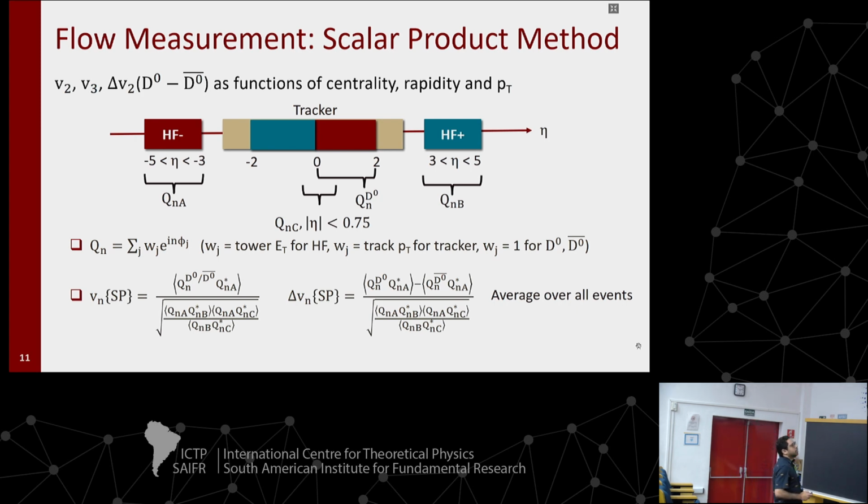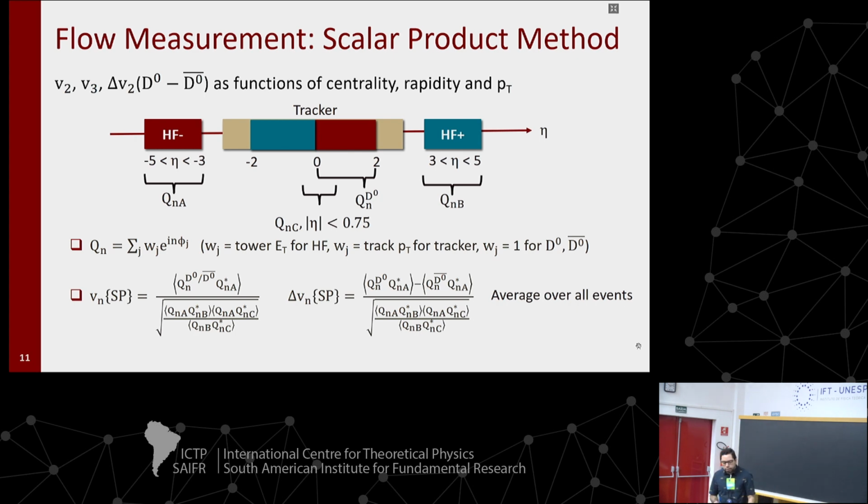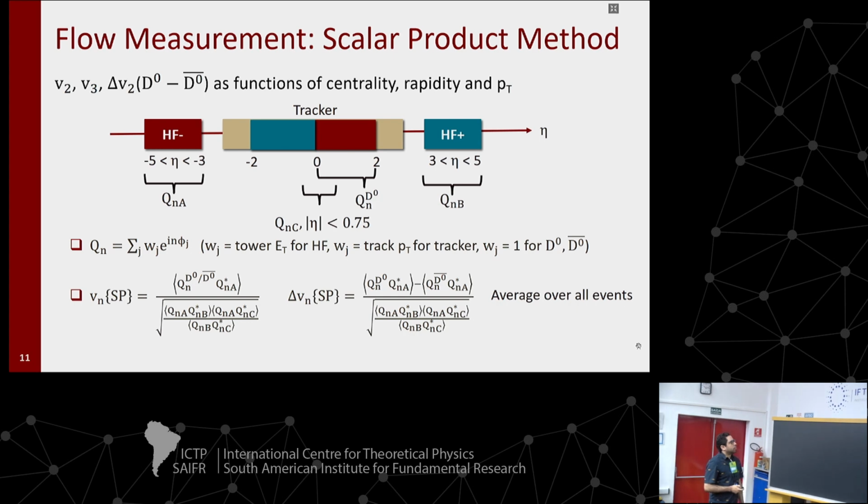When we look at these vectors, you can think of it like I'm correlating particles, but we actually use a sample of particles in different parts of the detector. So this scalar product expression will give you the VN measured for each part.